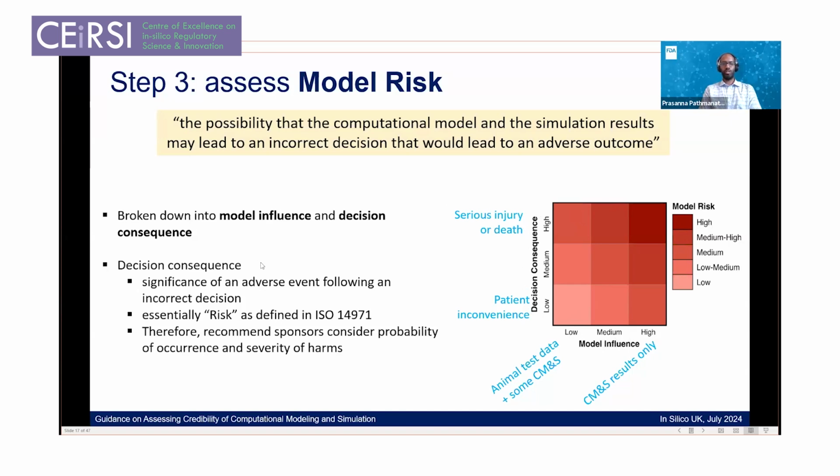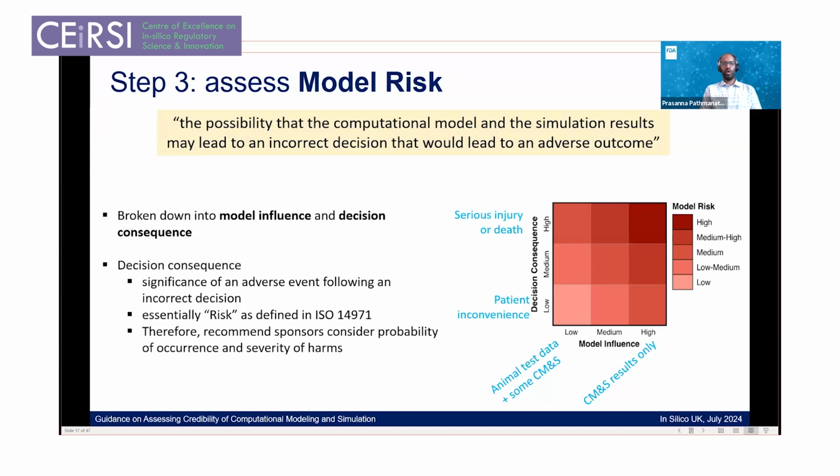And for decision consequence, we emphasize in the guidance that it should be related to the kind of formal risk assessment that needs to be done for a medical device following, for example, the ISO 14971 standard. It's not related to the full risk assessment for a device, but it should be based on the risk related to the specific question that you're going to address.